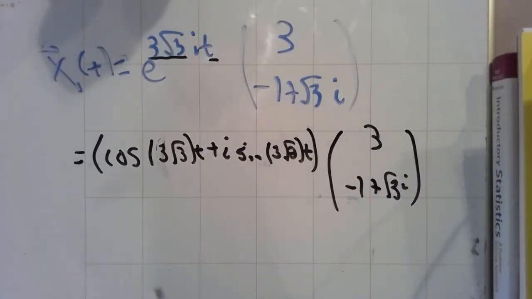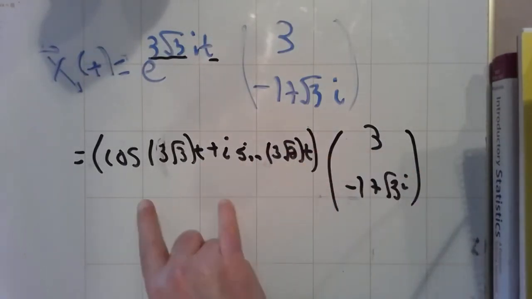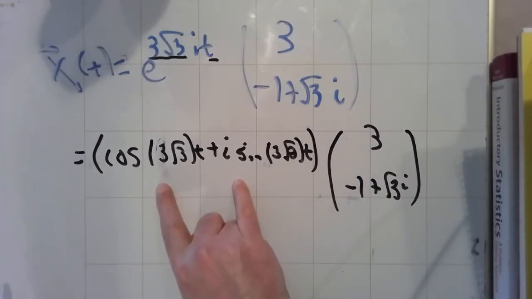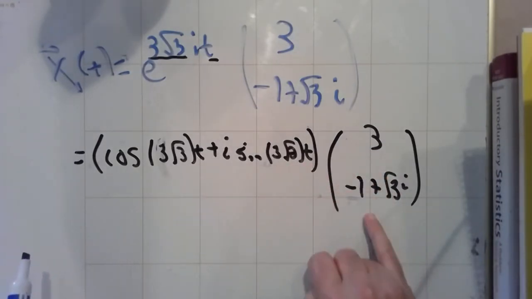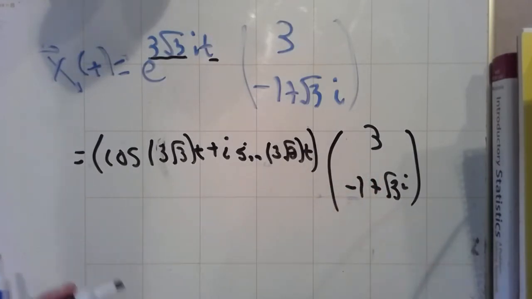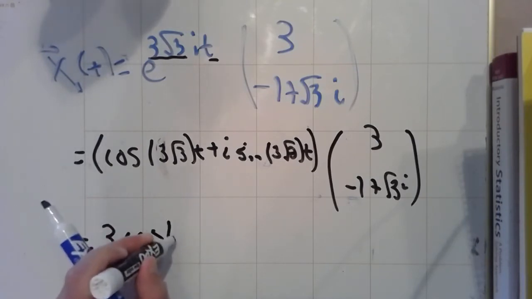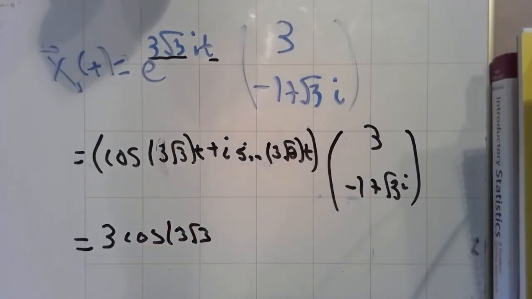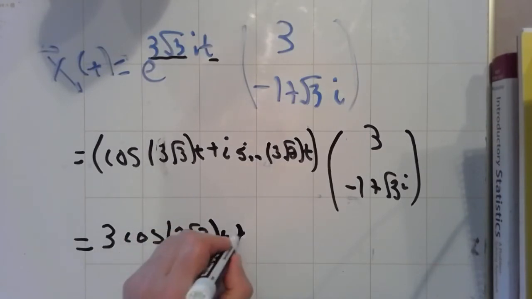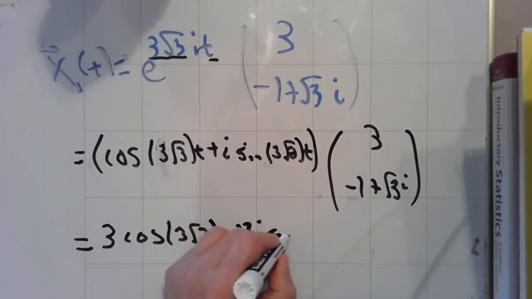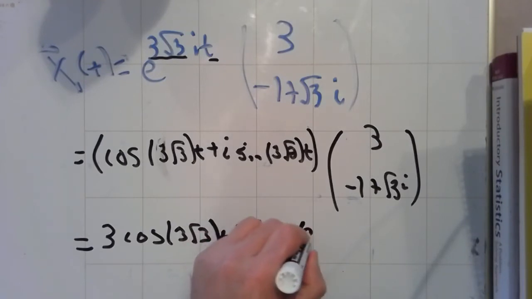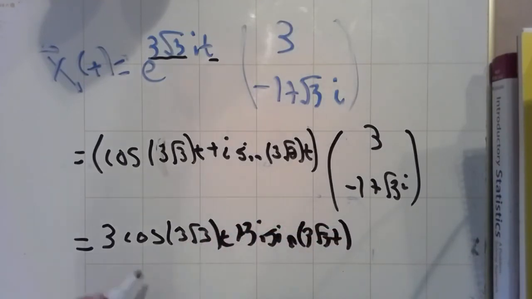Okay, we're going to go ahead and multiply this together. Remember, this is just a scalar. This is not a vector. So this is just going to multiply top and bottom. This is a scalar times a vector. So this will be 3 cosine of 3 root 3t plus 3i sine of 3 root 3t. And then we're going to take this into here. This is a scalar, multiplying that number, but we're going to have to FOIL there.